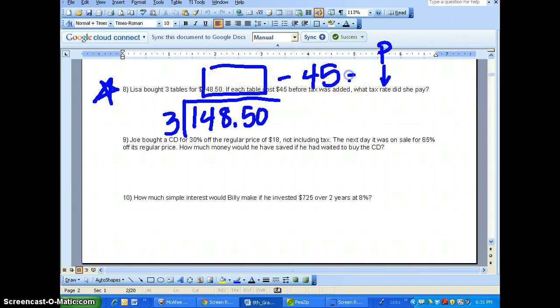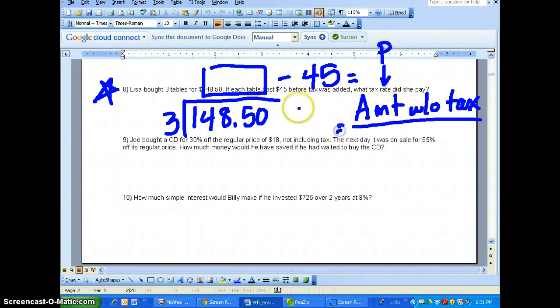This doesn't, and when you subtract, you get the amount without tax. Okay, so when you have your amount without tax, that is going to go over your original amount, because this turns out to be difference over original equals P over 100. What was your original amount?